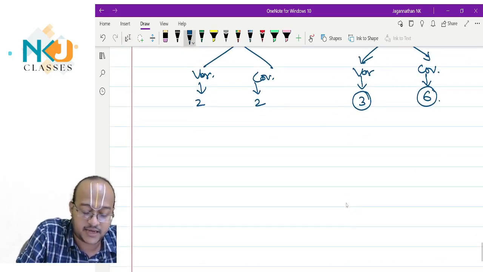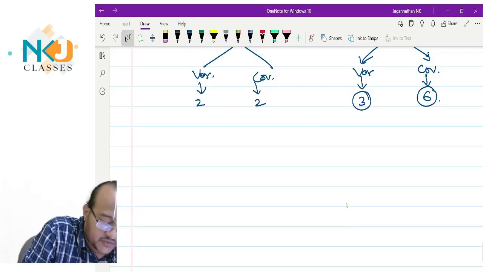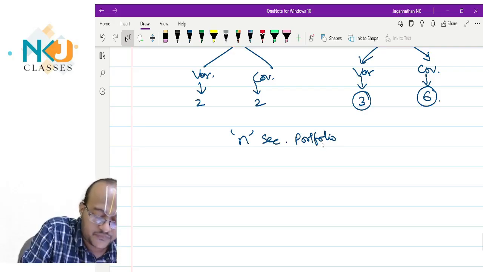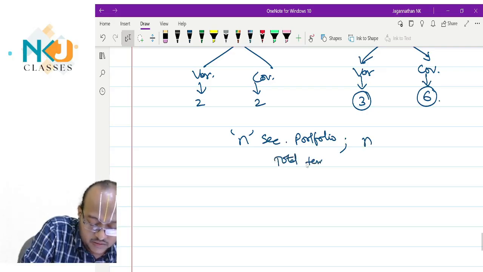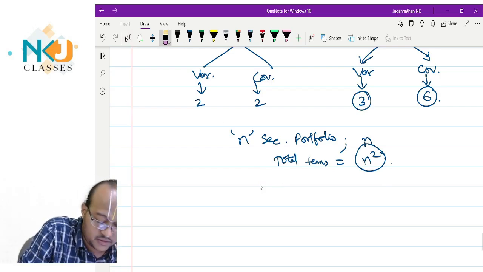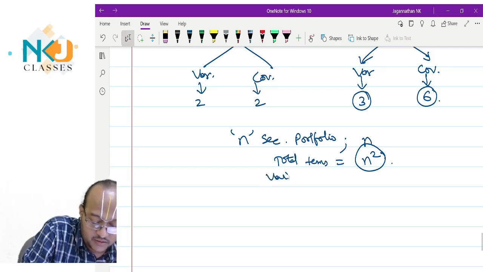So, tell me children, can I conclude it like that? Whenever you are creating an n security portfolio, total terms will be n square. See, total terms is equal to n square. Are you understanding? Variance terms and covariance terms, I can distribute it like this.